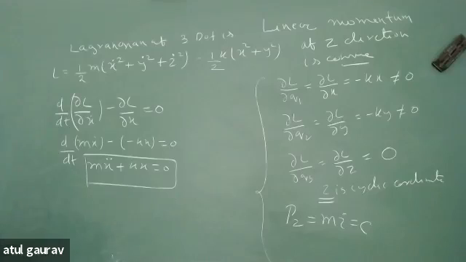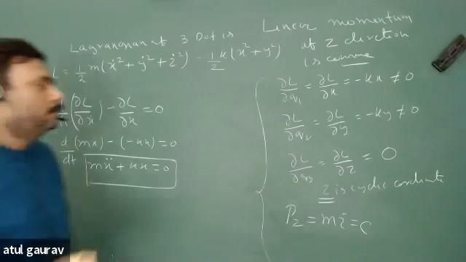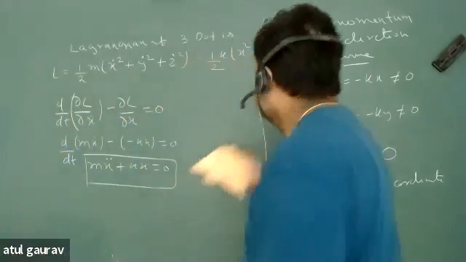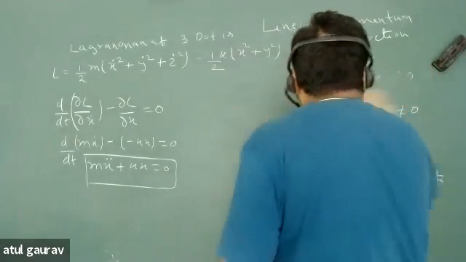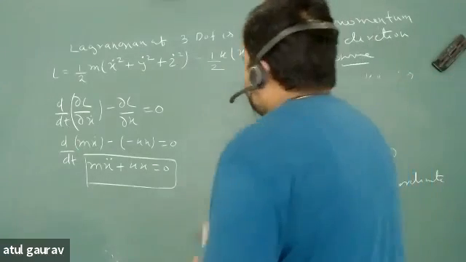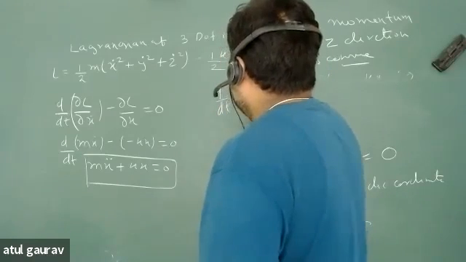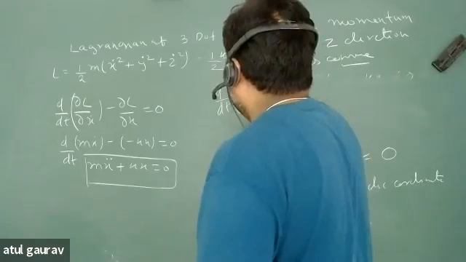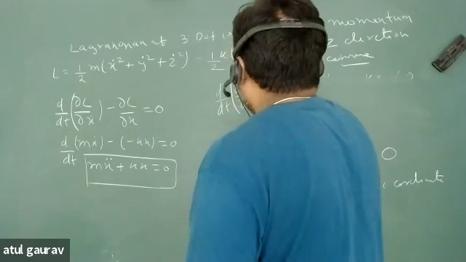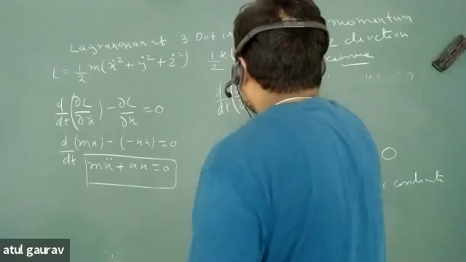And similarly, we can go for y direction also. When we go for y direction, you will get the same type of equation. So d upon dt del L upon del y dot minus del L upon del y is equal to 0.